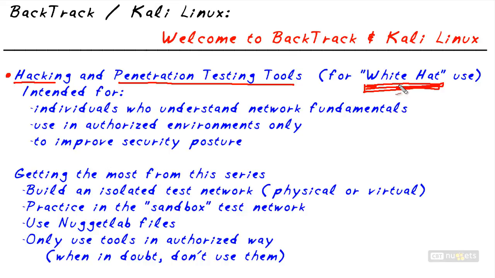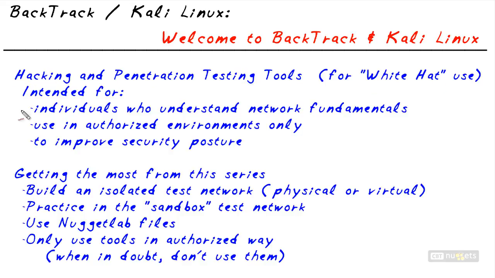So I would encourage you to stick with only white hat use on authorized networks where you are in control or authorized for the specific tools you're going to be using. And if you're not sure if you're authorized or not to run a specific tool, don't run it. If you do anything that is illegal or not authorized, it's completely on you, and I would strongly recommend you completely avoid any of that activity.